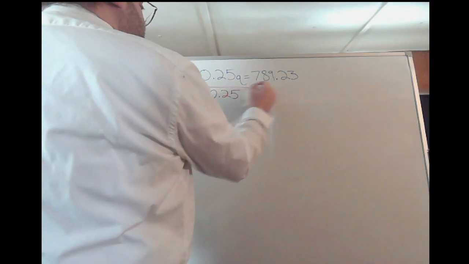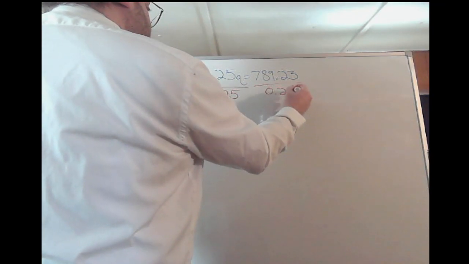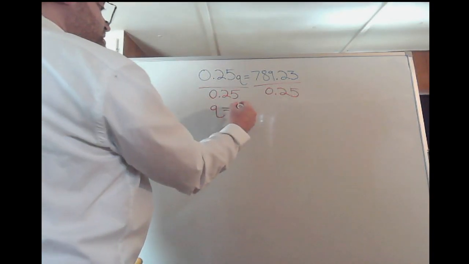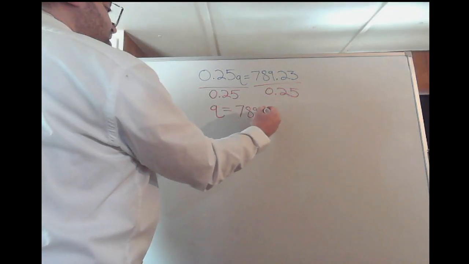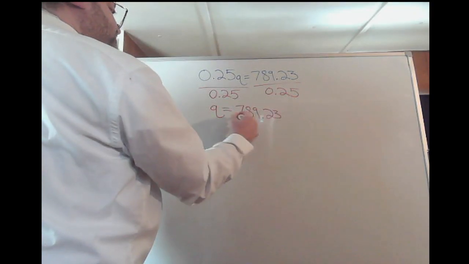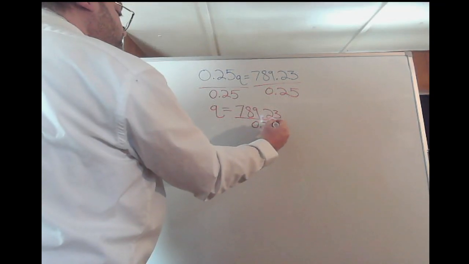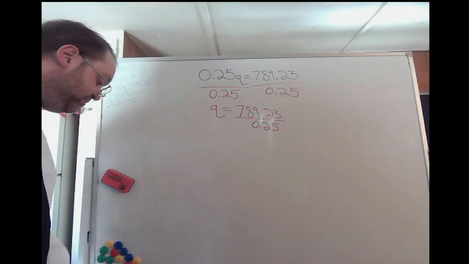So let's go ahead and do that here. Divide both sides by 0.25. Well, the q will end up being by itself. Then we'll be left with a nice little division problem of 789.23 over 0.25, which we will happily work out on the side.